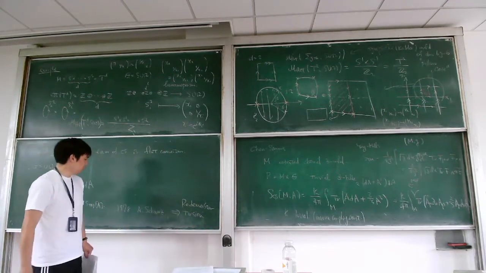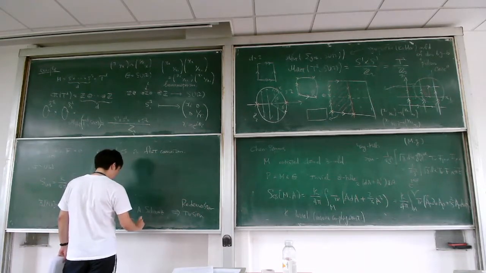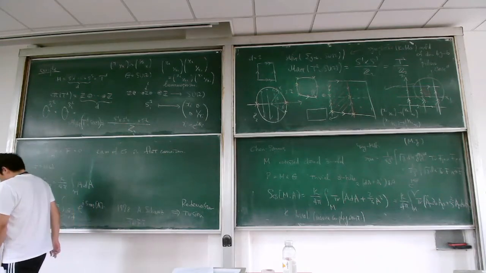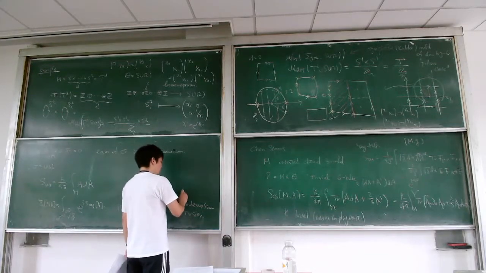This one is the first instance of what is now called TQFT. For this one, you have to use a so-called one-loop determinant.